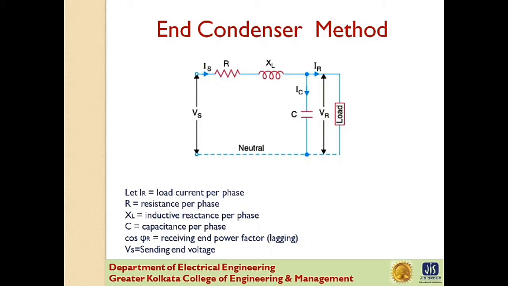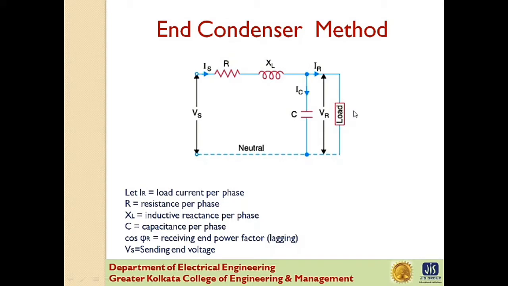Now, in this method, the capacitance of the line is lumped or concentrated at the receiving or load end. You can see in this picture the capacitance of the line is lumped at the receiving end or load end. This method of localizing the capacitance at the load end overestimates the effects of capacitance, and that's why it's called the condenser method.